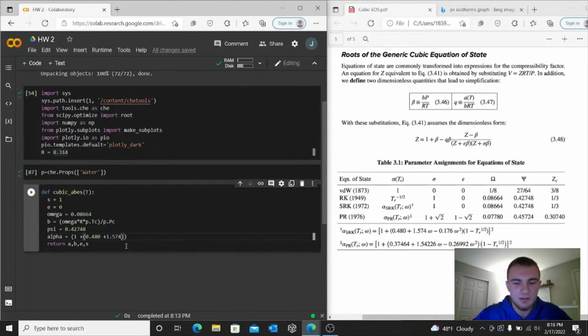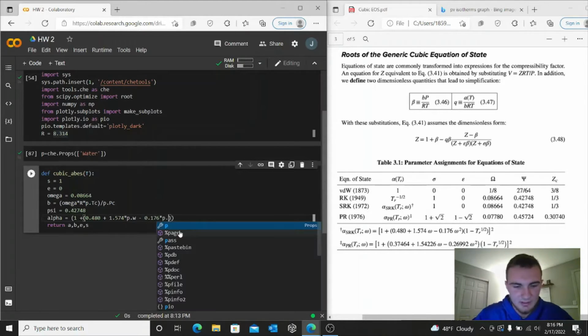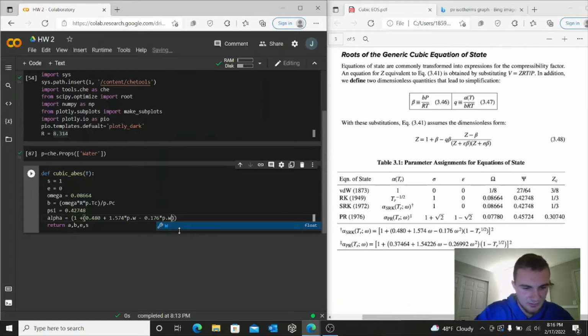So I'll multiply this by P dot W, which is the eccentric factor for water, and from here I will subtract 0.176 times the eccentric factor squared. So that is times P dot W squared.